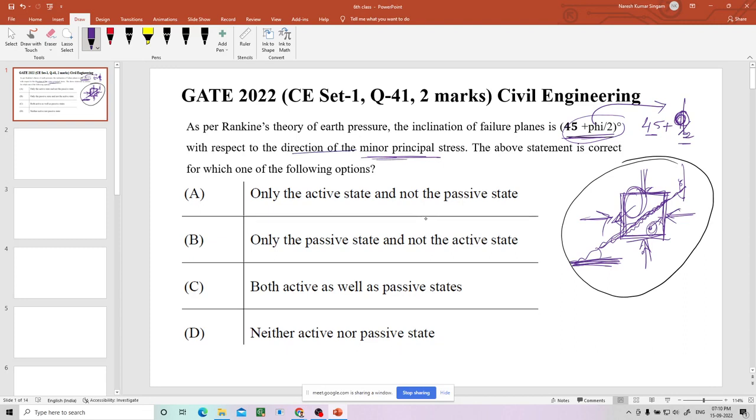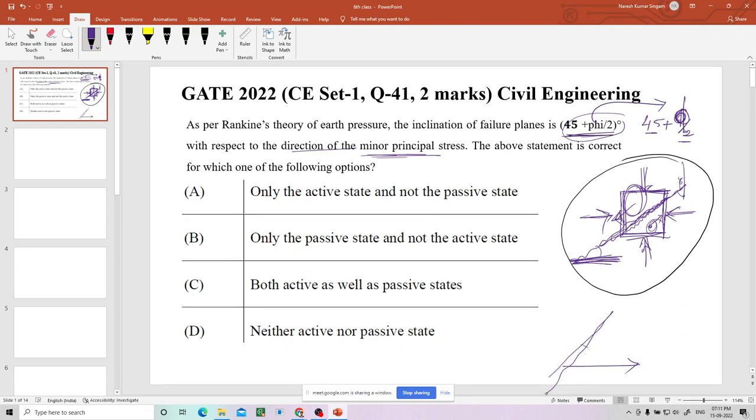This is the inclination of the failure plane, 45 plus phi by 2, with respect to the direction of the minor principal stress. We don't know the direction of the minor principal stress. Let us say the minor principal stress is acting in this direction, then the failure plane will be in this direction, and this is 45 plus phi by 2. That is what he is saying.